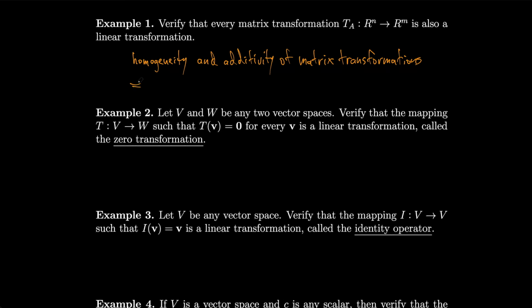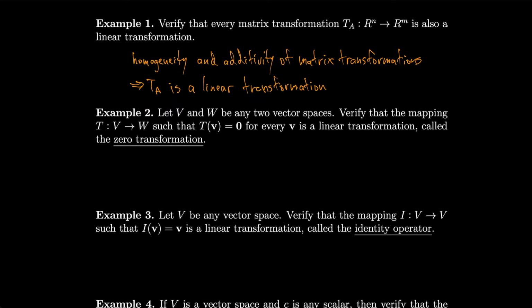So that implies that T_A is a linear transformation. By homogeneity, I just mean that when you have a constant times a matrix, you can insert the constant into the matrix, just multiply all the entries. And additivity, same thing. We can separate matrices by just adding their components.